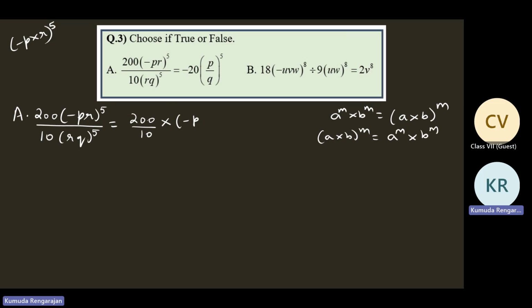So now how does this look like here? How does minus pr to the power 5 look like for you? Ma'am, we need to write like minus P into R. Minus P raised to the power 5 into R raised to the power 5.